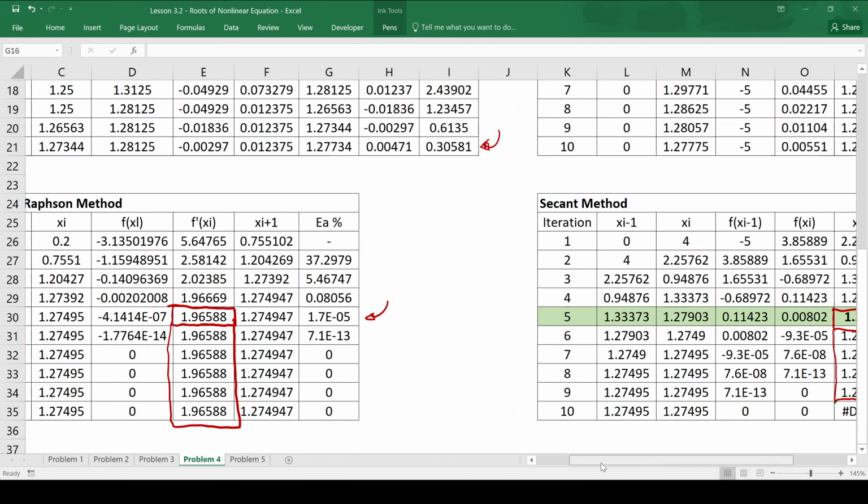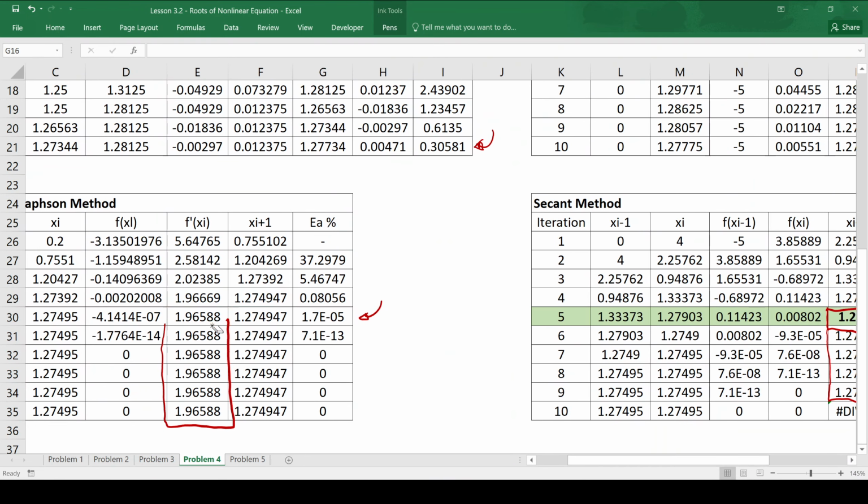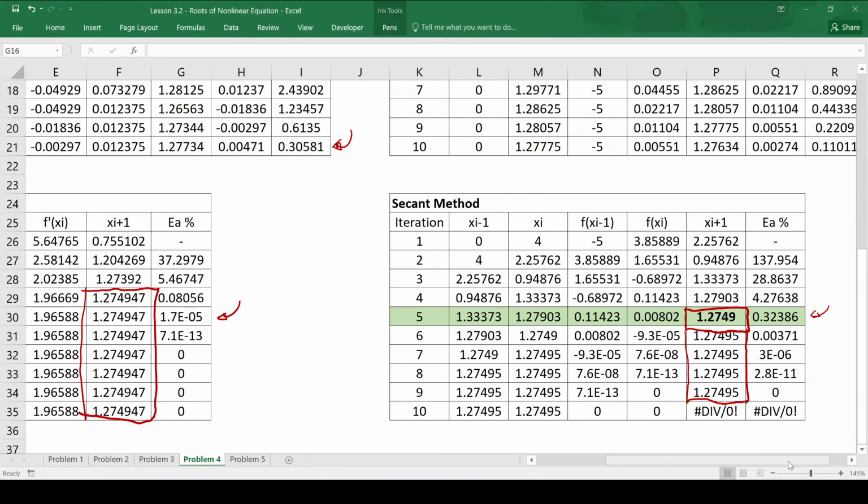Okay, sorry, I have a mistake there. This is the function rather, but we are going to look at this. So in the Newton-Raphson, in the fourth iteration, it has already become stable. And in the second method, it has already been stable at the sixth, actually starting from the fifth iteration, there is virtually no error up to the succeeding iterations.